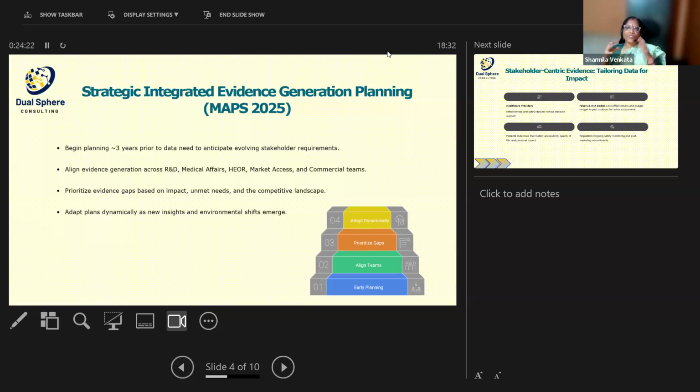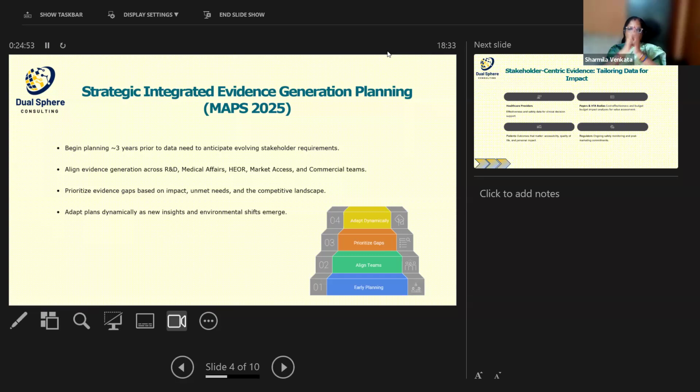It's a cross-functional effort. R&D brings trial data, medical affairs focuses on clinical and scientific communication, HEOR brings value and cost effectiveness analysis, market access ensures reimbursement readiness, and commercial aligns messaging for market success.